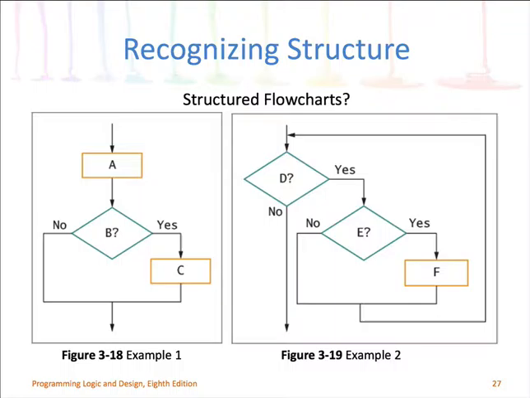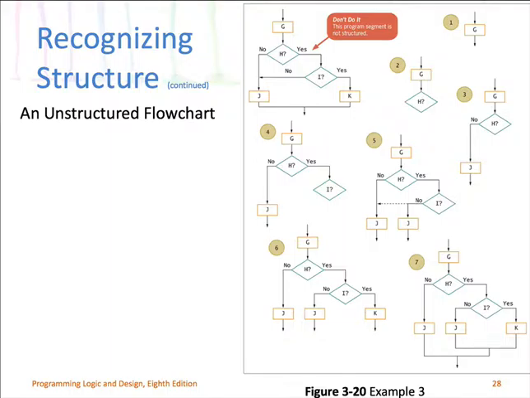In both cases, we come back to the point above the decision point in example 2. And example 1 is just a sequence statement followed by a conditional if statement, so a decision structure. So yes, these are fine.